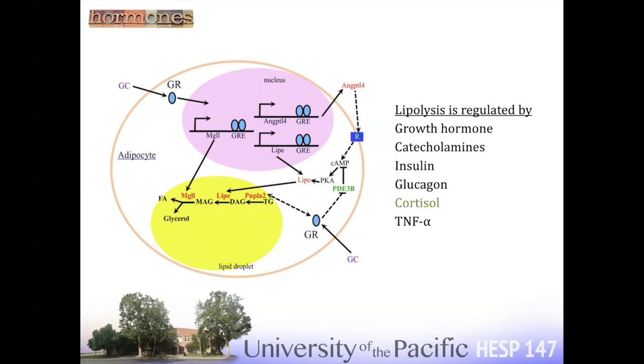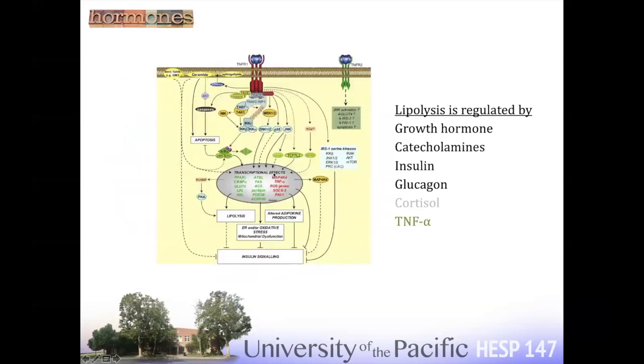So we are decreasing PDE expression, and we're stimulating lipoprotein lipase activity. So it does get a little bit messy, but then we are also transcribing lipolytic enzymes at the same time, and so cortisol does mobilize fat. It's sort of bad at this stuff.